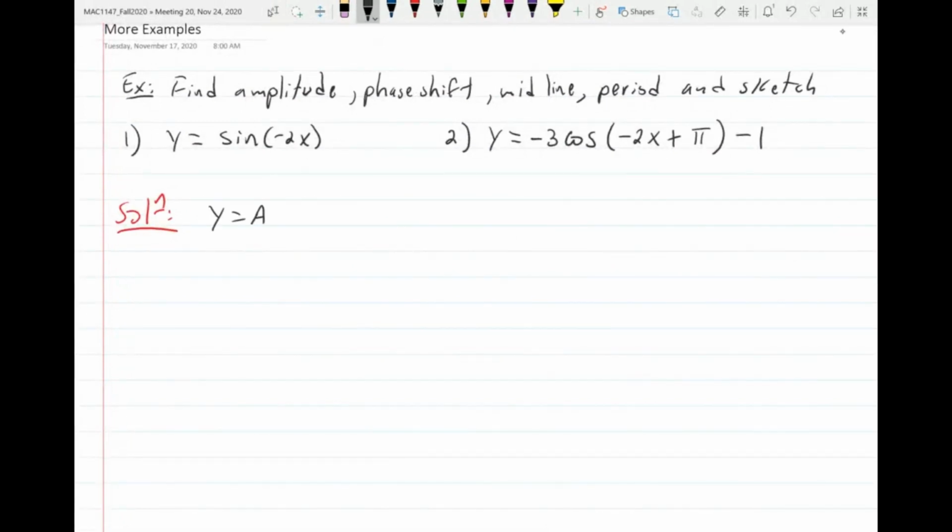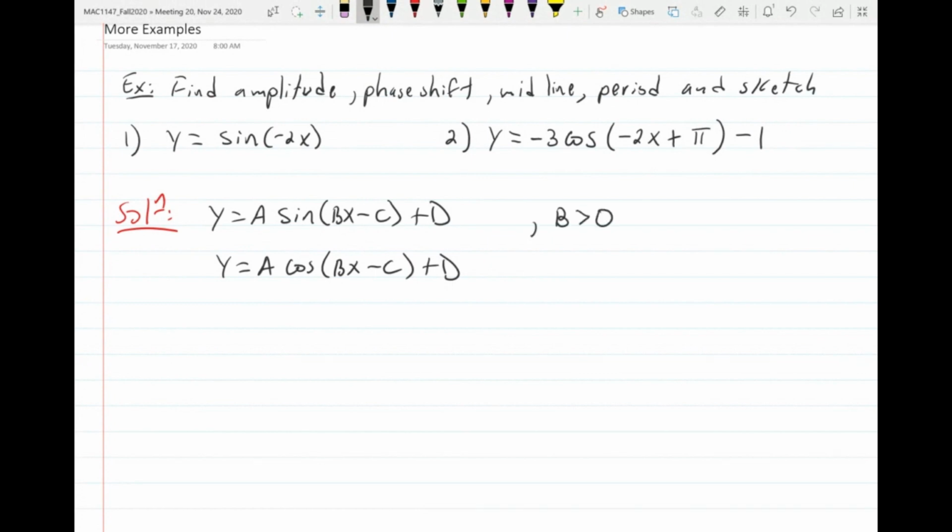For the sine function it is a sine of bx minus c plus d, and for the cosine function, it's the same thing. You just put cosine. All right, and there is a restriction here for this general form. What are the restrictions here? The condition is that we want b to be positive. That's the only condition. Okay, the rest stays the same.